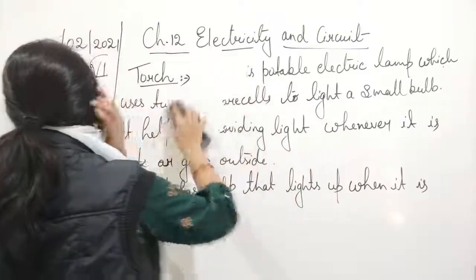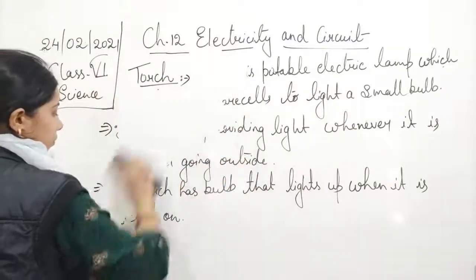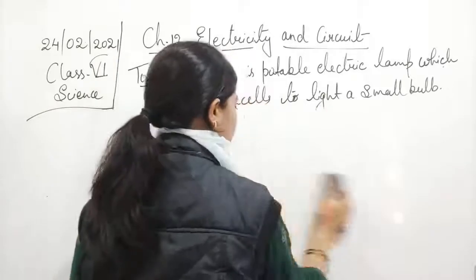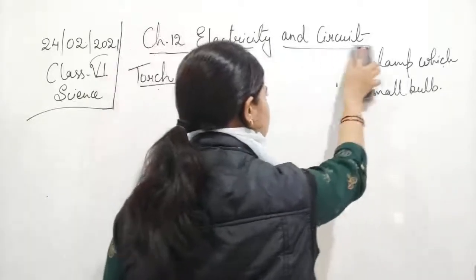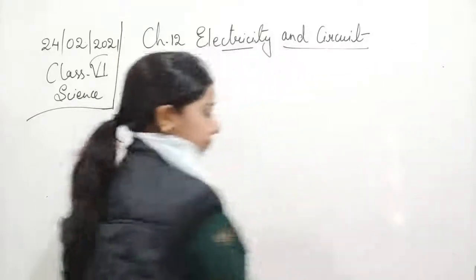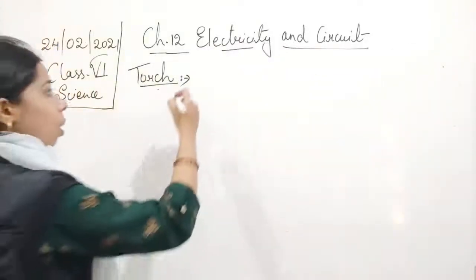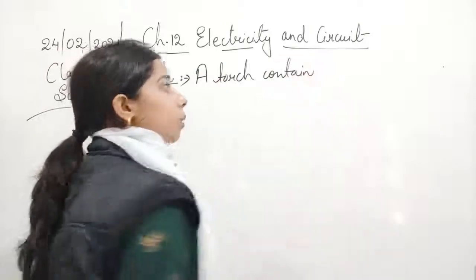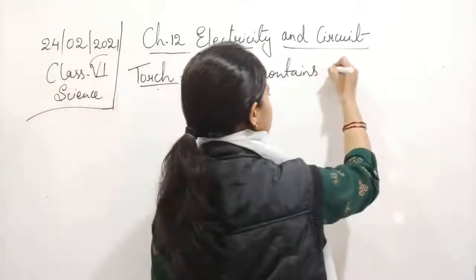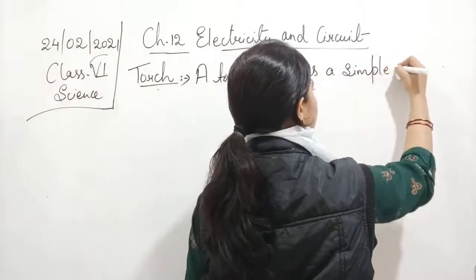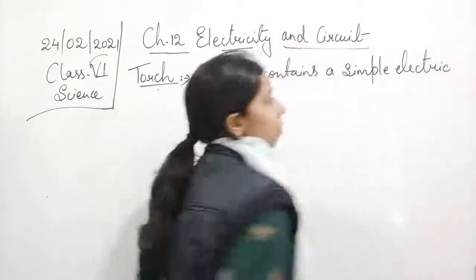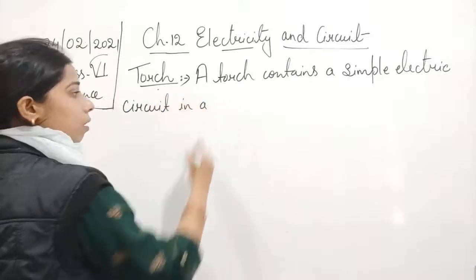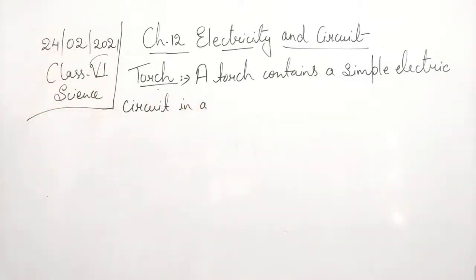So we can write here that a torch contains a simple electric circuit.